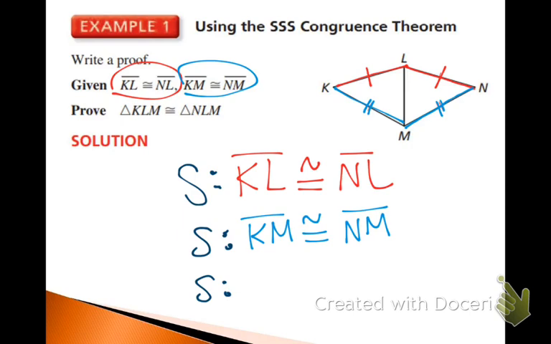So we have side, side, and no more given information. So we're going to need to find where our third side is congruent. Well, we've named two sides congruent to two sides. They also share a side.